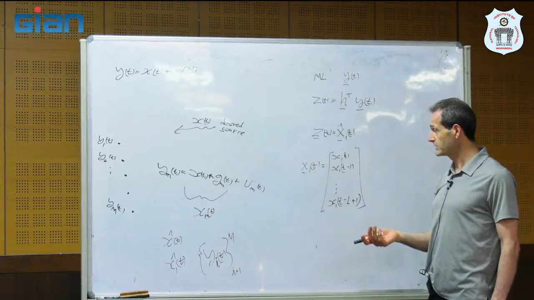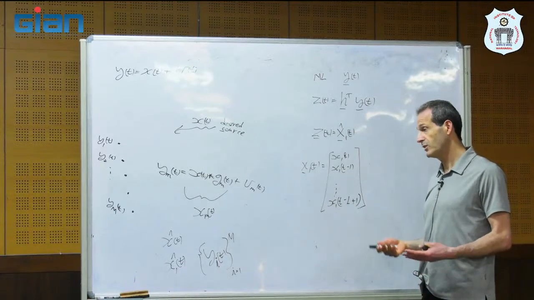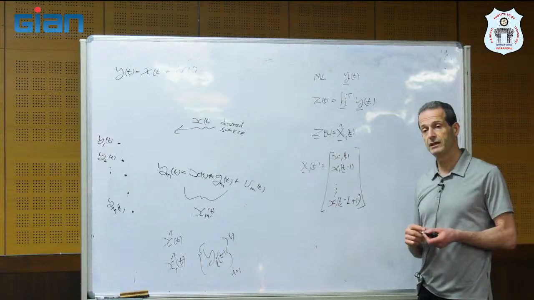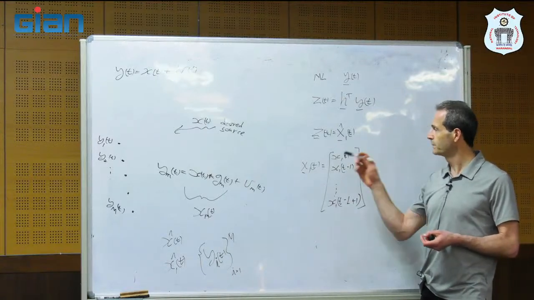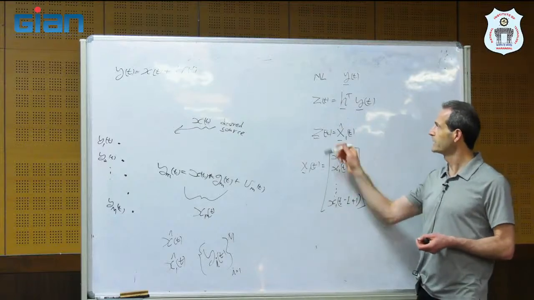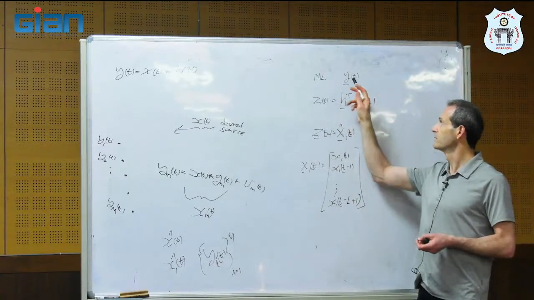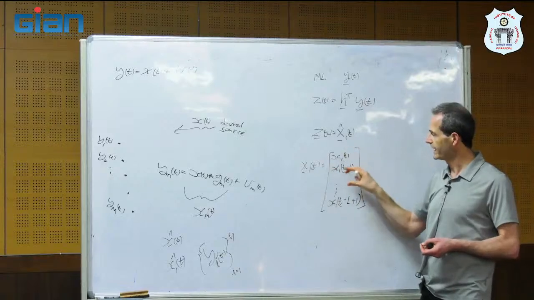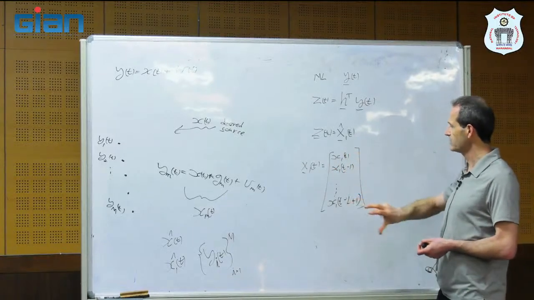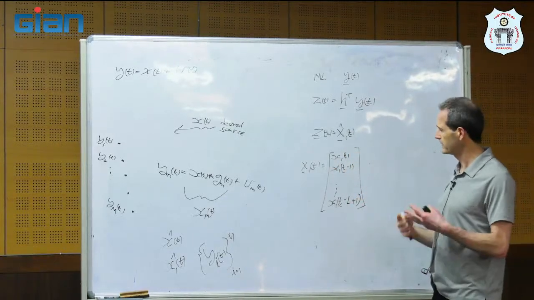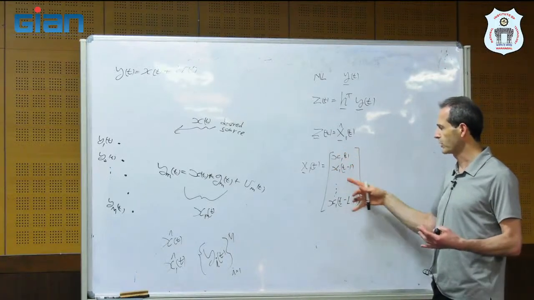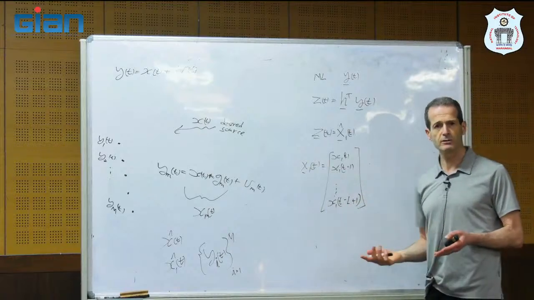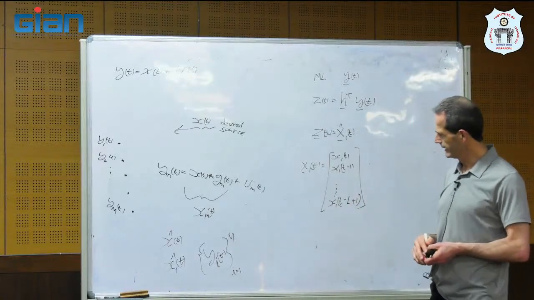So the performance will degrade, but the computational complexity will be lower because I don't need to repeat all these computations with the filters for each sample. I estimate a block and then another block and so on. By the way, I can also do some overlap and add to average the blocks that I estimate. Also possible, just like with the inverse STFT.